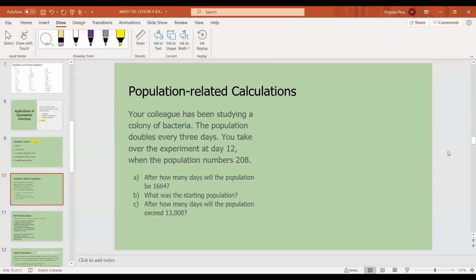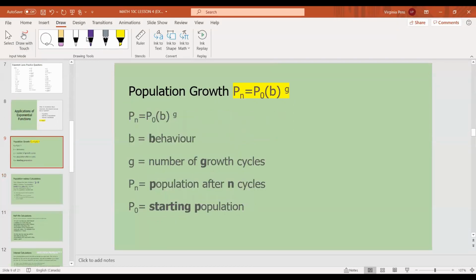Okay, let's first write down the key information that we've been given. Usually the key information are the numbers. The population doubles every 3 days. So we have doubles and every 3 days. Doubling would be the behavior, so the B value is equal to 2. And if we look back at our formula, what else do we have?